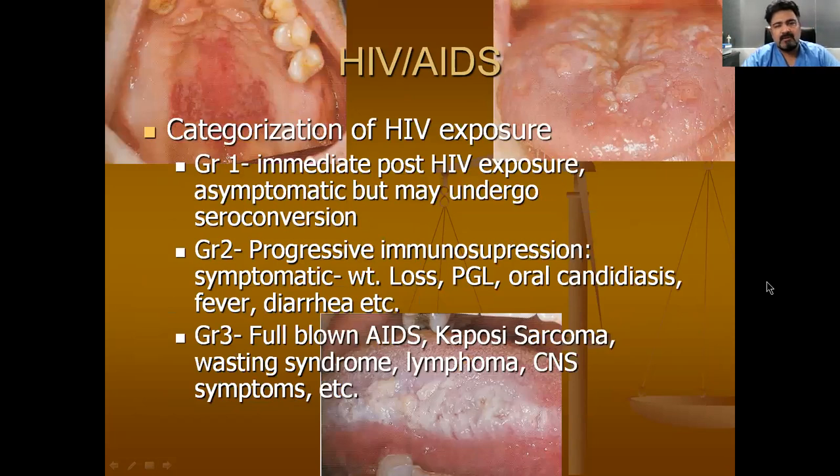Categorization of HIV exposure: grade 1, immediate post-HIV exposure, asymptomatic but may undergo seroconversion. Grade 2, progressive immunosuppression, symptomatic, like weight loss, PGL, oral candidiasis, fever, diarrhea, etc. And then grade 3 is full-blown AIDS: Kaposi sarcoma, wasting syndrome, lymphomas, CNS symptoms, etc.